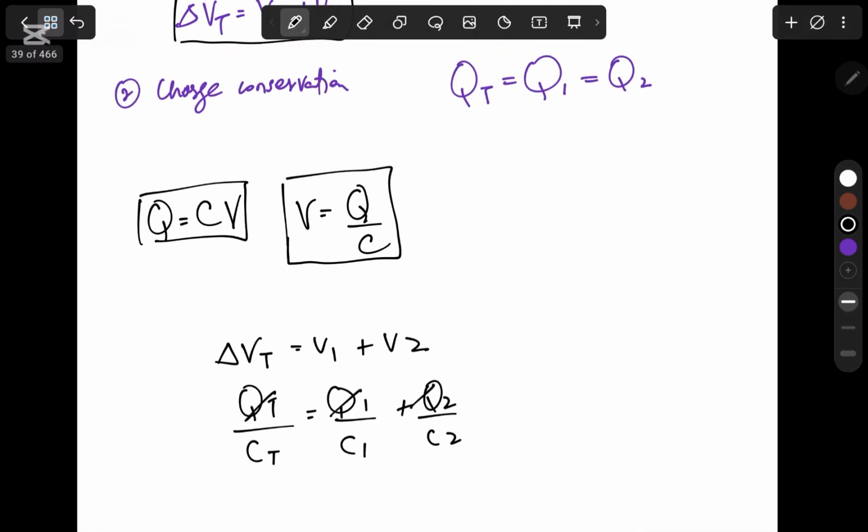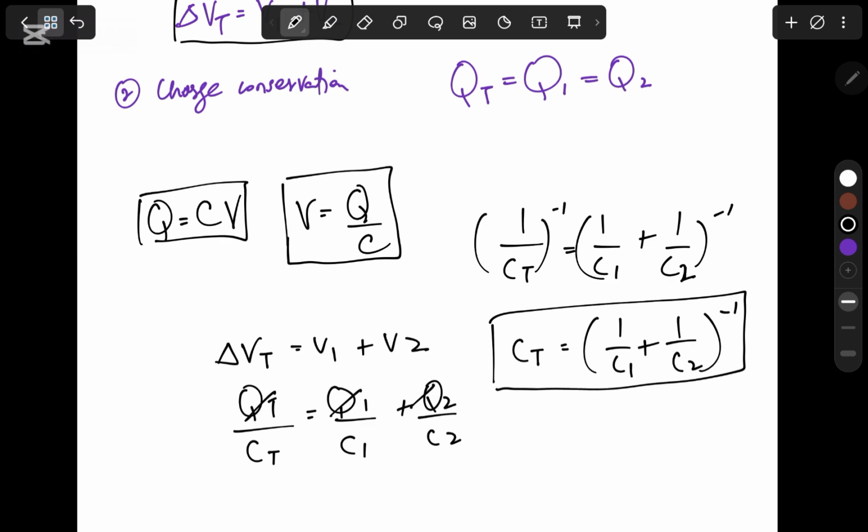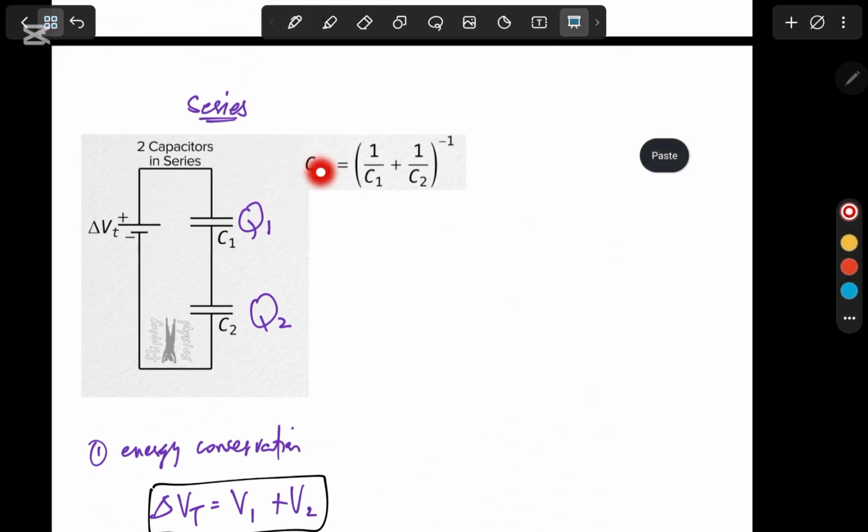So we're going to end up with 1 over C total is equal to 1 over C1 plus 1 over C2. Now you're going to inverse both sides. So we're going to get C total is equal to 1 over C1 plus 1 over C2, all to the power of minus 1. Okay, so that's going to be this. So we have proved the equation for the total capacitance in series as well.